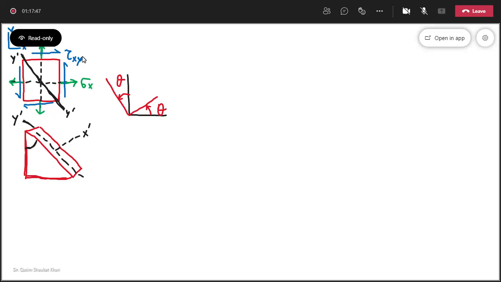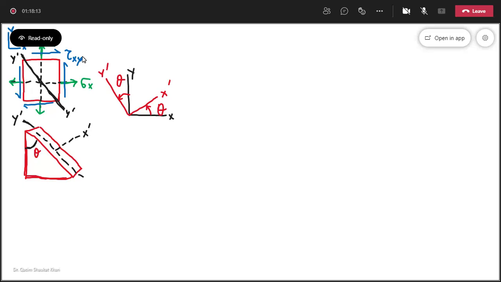So if this is the x-axis and this is your y-axis, this one is your x dash axis and this one is your y dash axis. So this is your theta, which represents the orientation of the y dash axis with reference to the y axis.